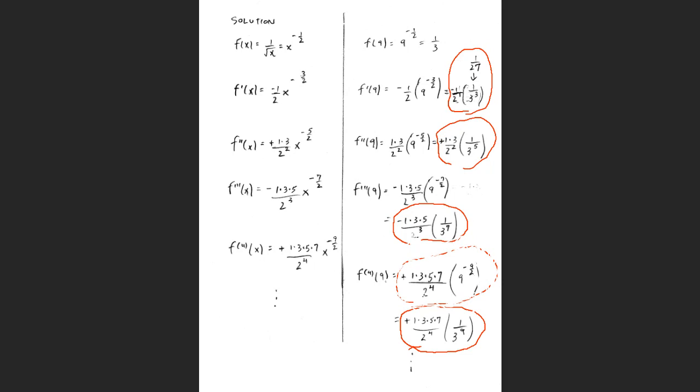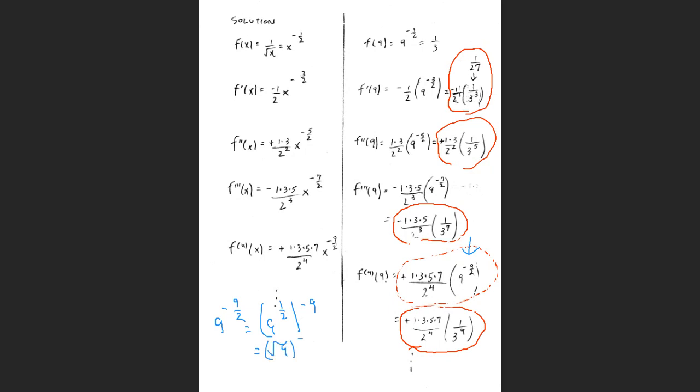Of course, 9 to the negative 9 halves power is equal to 9 to the half power raised to the negative ninth. 9 to the half power is just the square root of 9.